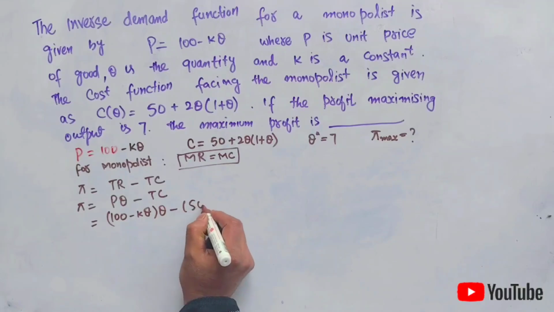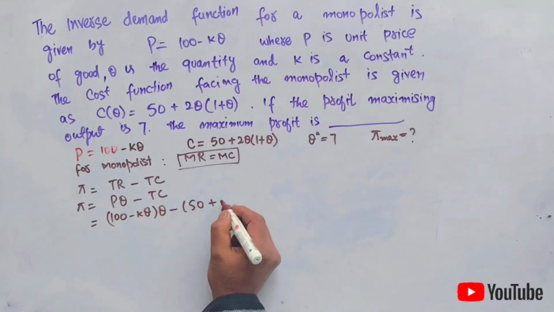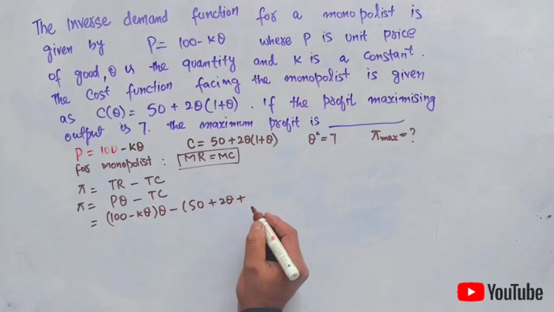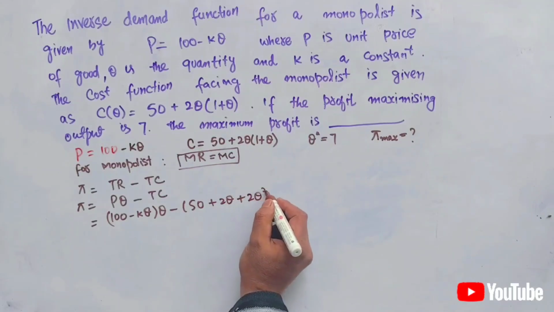Total cost is given as 50 plus 2Q plus 2 into Q square, which is twice Q square.